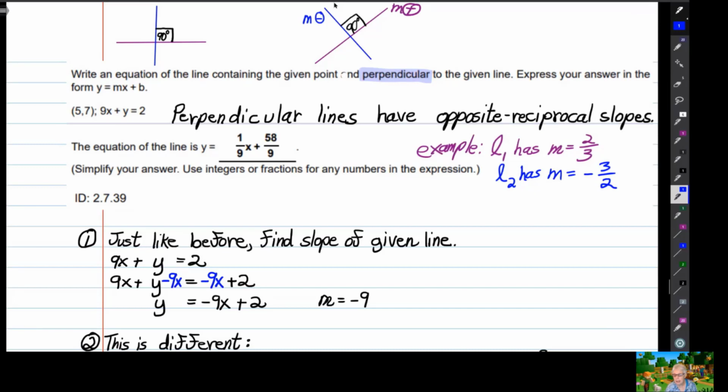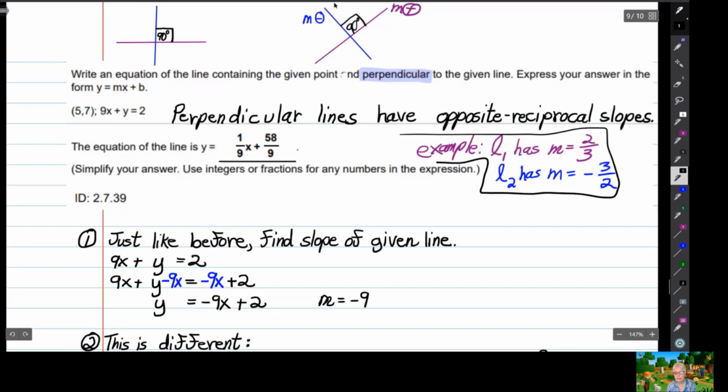Opposite sign and reciprocal of that. That's what opposite reciprocals are. And again, this is just an example.